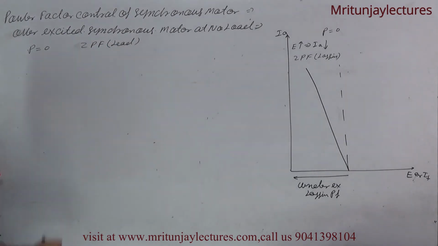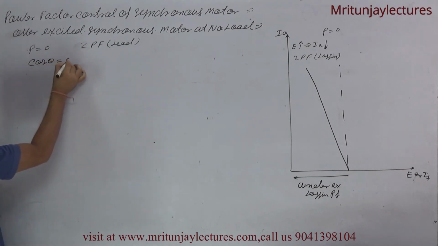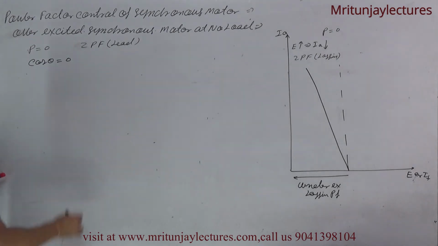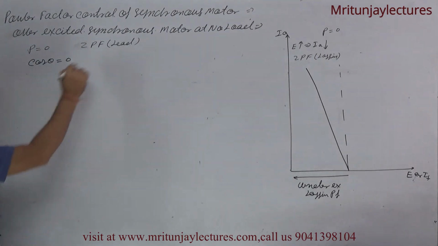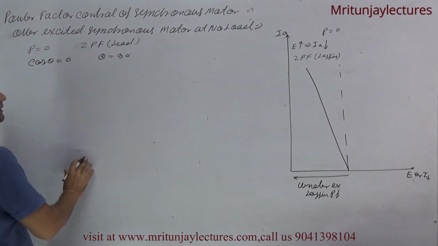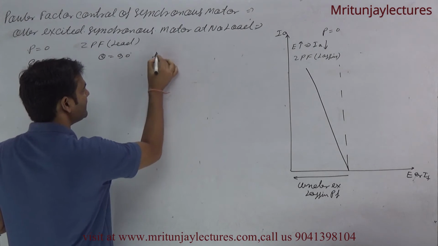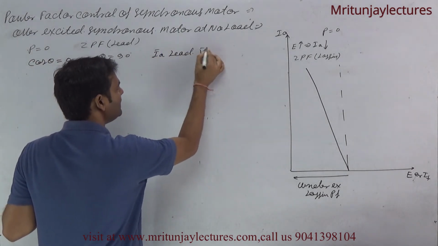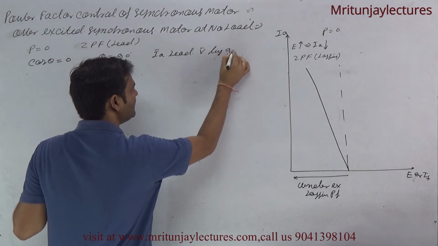Clear? Now P is equal to 0 means we have discussed IA or cos theta, but we have focused on cos theta. So cos theta is equal to 0 means theta is equal to 90. What about IA? IA leads V by how much angle? 90 degree.